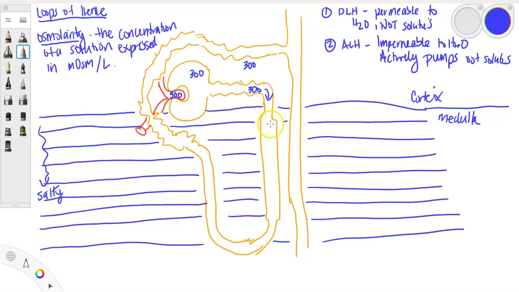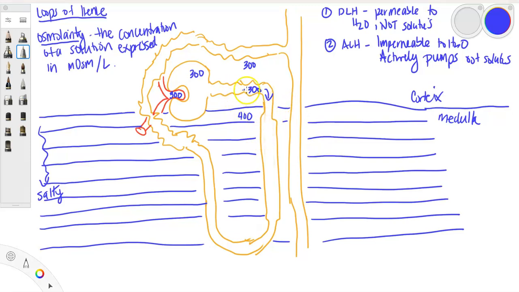is again only permeable to water. Okay, so as we're coming down the medulla and we're getting saltier and saltier, there has to be a higher number here than here in the filtrate to draw the water out.